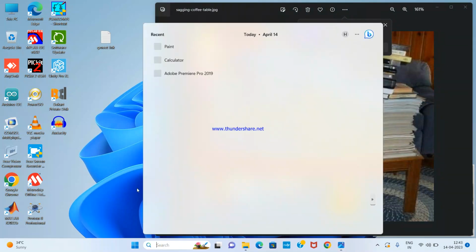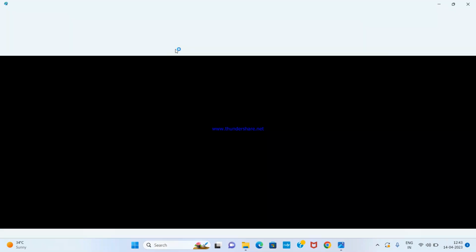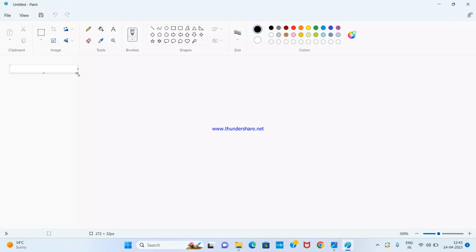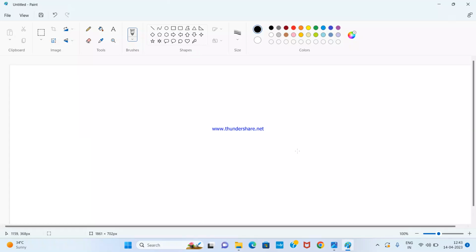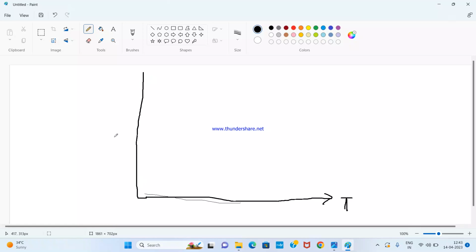Now if we characterize this creep, basically if I plot a curve, this is my x-axis, which is the time axis, and this is the y-axis, which is my strain.